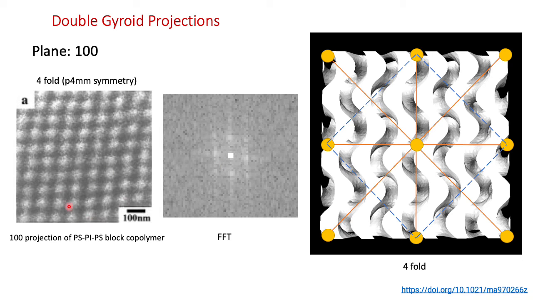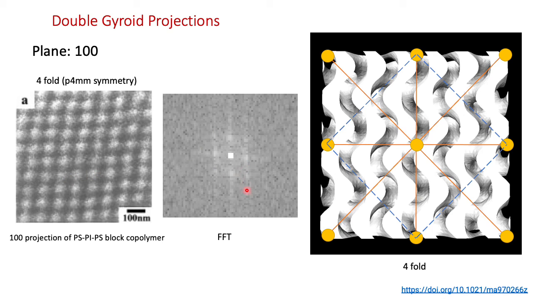As you can see here, this is a picture taken using a TEM, transmission electron microscope, of a block polymer, and the projection is the 100 projection.